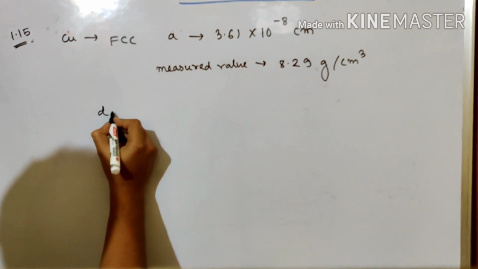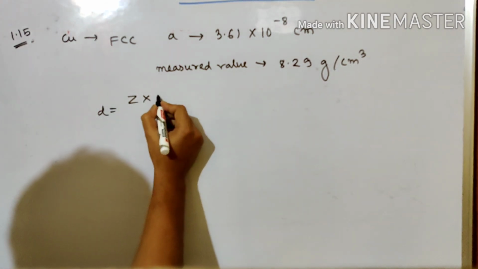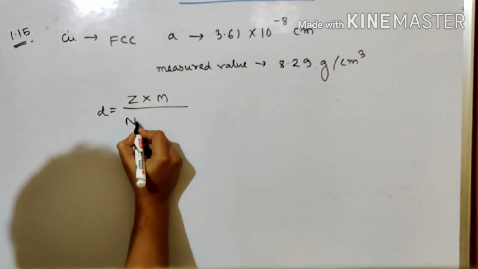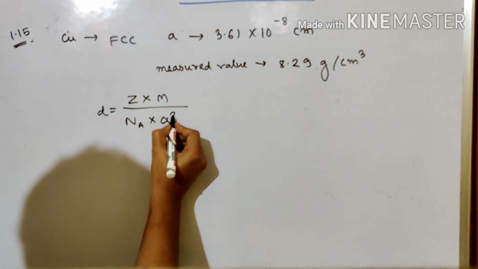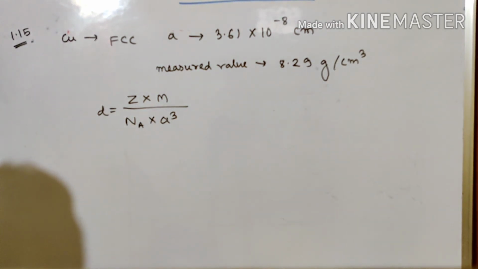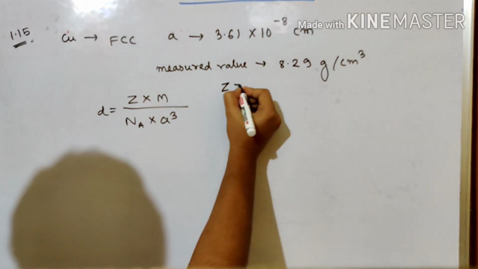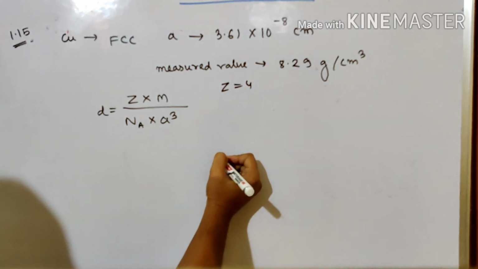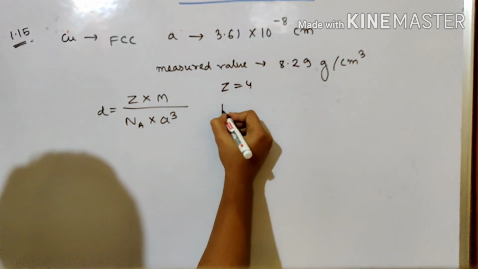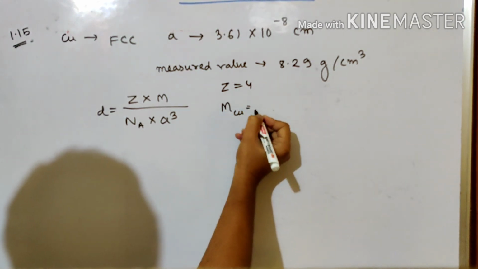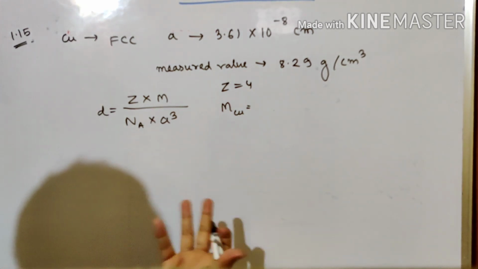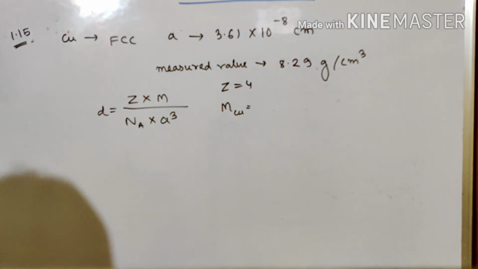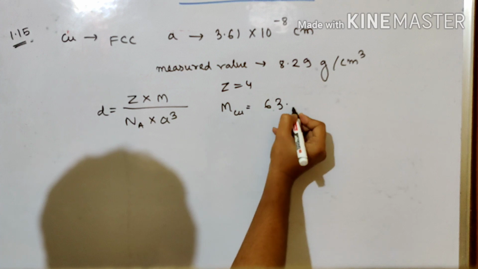So we have to show that the calculated density is in agreement with this. That means we have to ultimately calculate the density only, Z into M by NA into A cube. Now copper, we all know Z should be 4 because it is FCC. The atomic mass for copper should be very well known, 63.5.